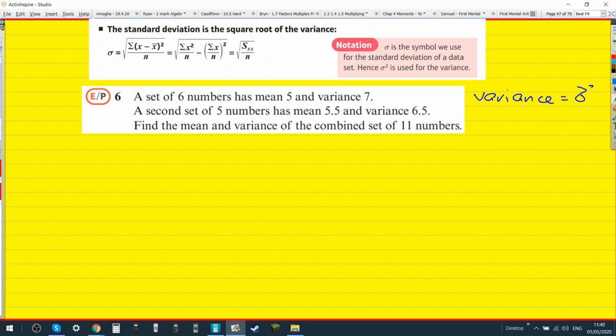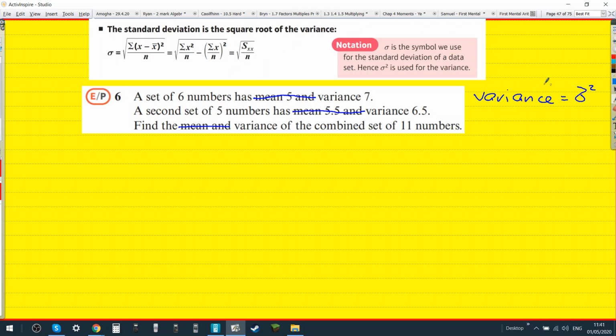Shall I just block out the variance again? Well, this time we want variance. Okay, so do I need to find standard deviation and then just square root it? Standard deviation would be root 7. Standard deviation would be root 6.5. Standard deviation is the square root of variance.